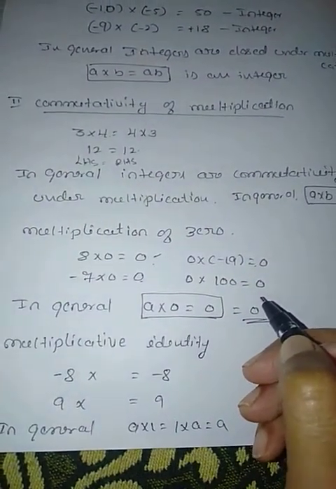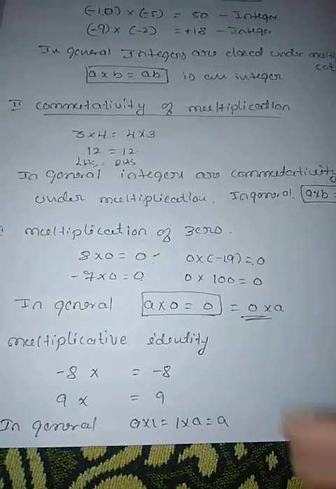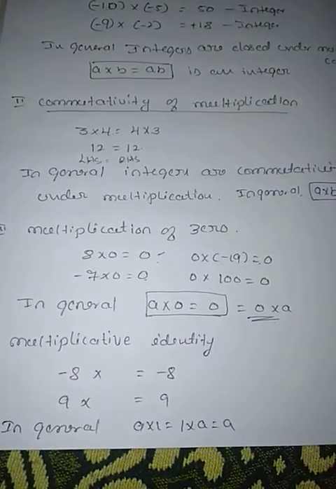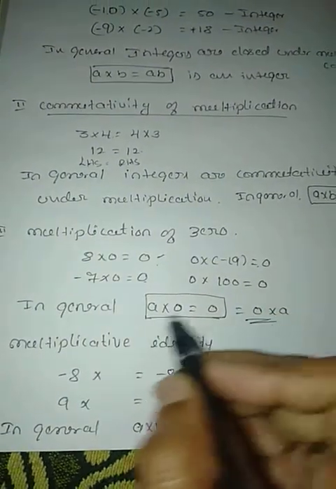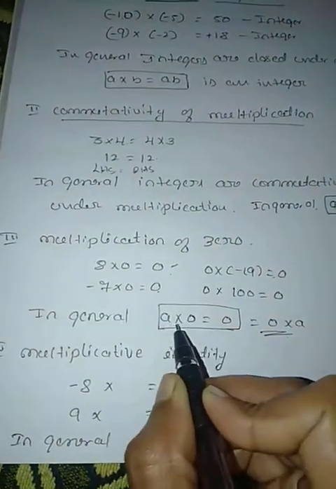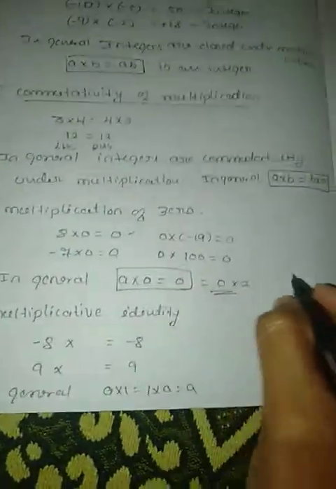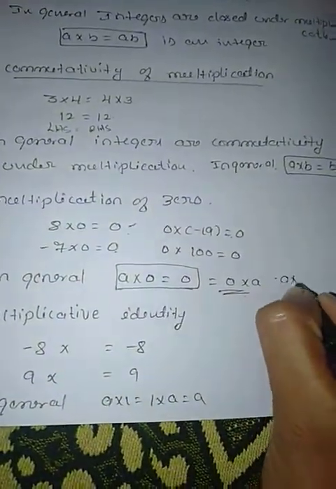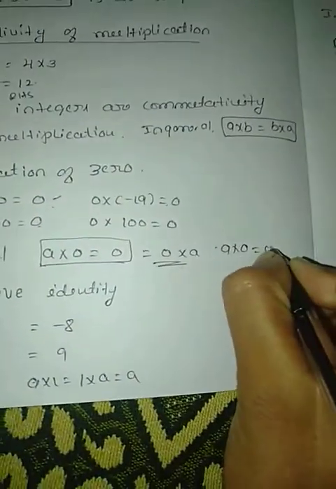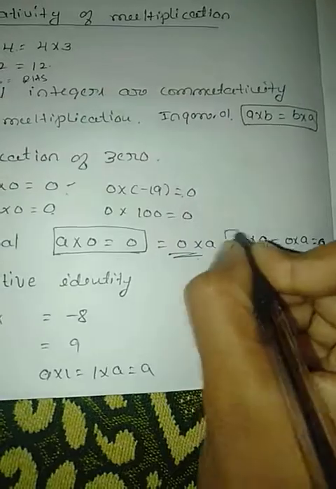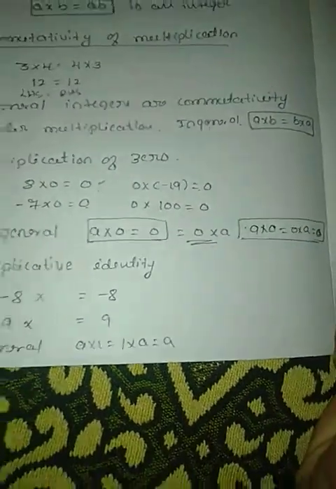That means when any integer is multiplied with 0, the product is also 0. In general we can write it as a into 0 is equal to 0 into a is equal to 0.